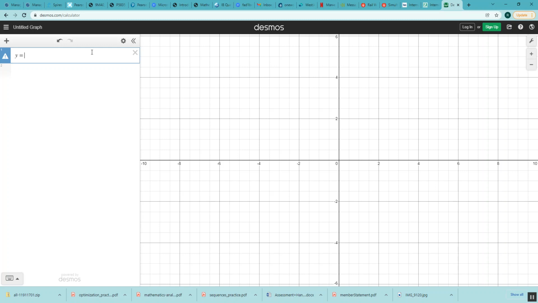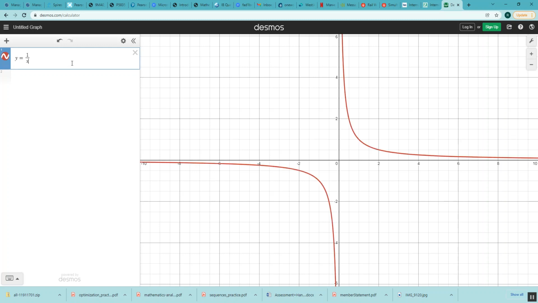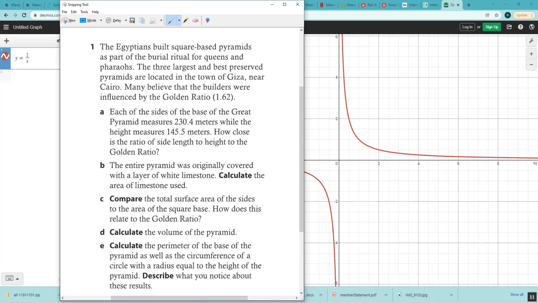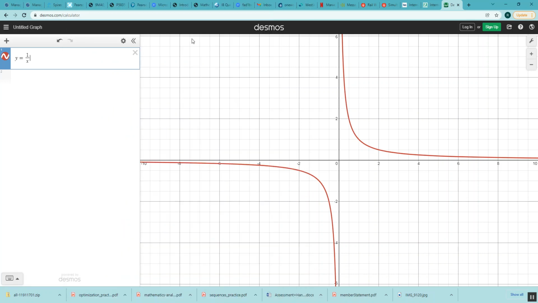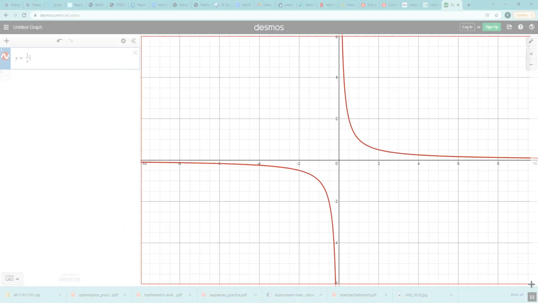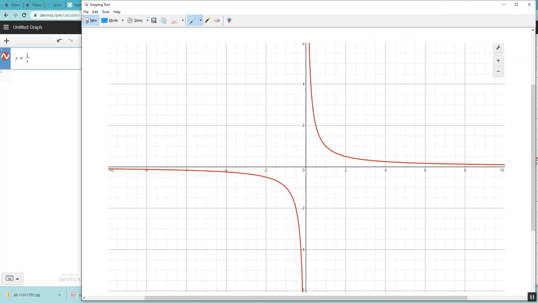Okay, here is our graph of y equals 1 over x. Let me take a screenshot of it.